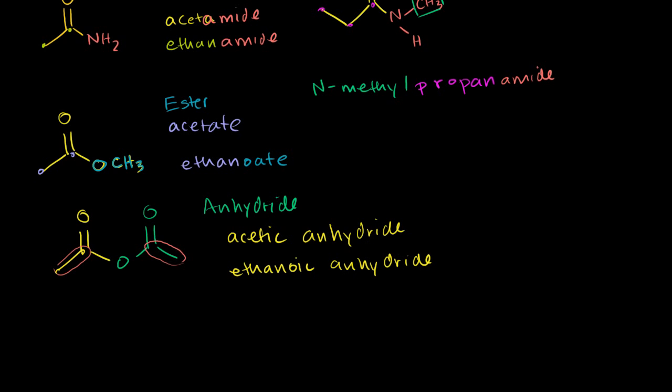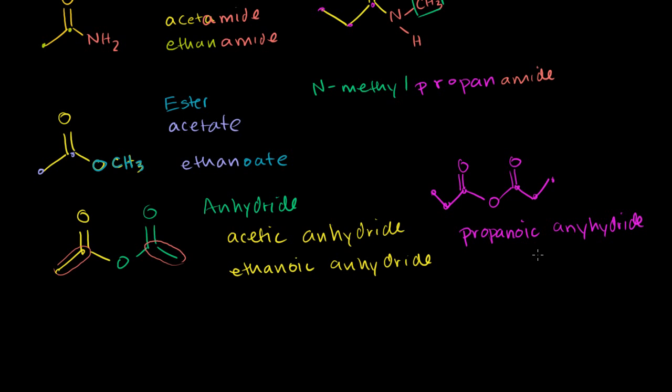And just to make things clear, if instead of that, we had something that looked like this, where the carbon chains on either end had 3 carbons, 1, 2, 3, 1, 2, 3, we would call this propanoic anhydride.